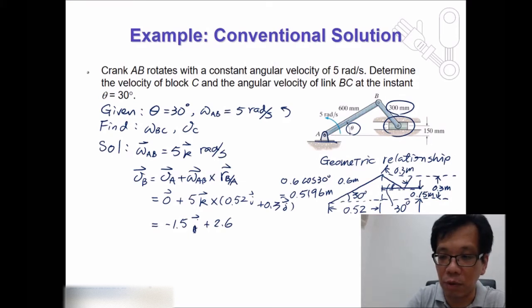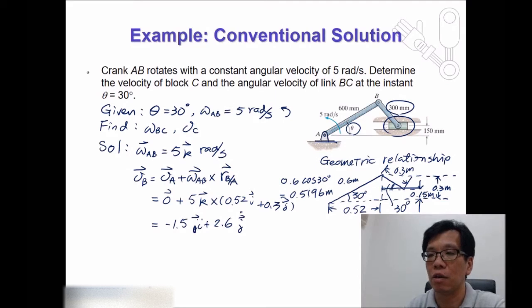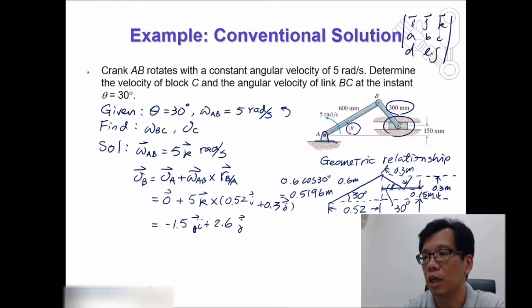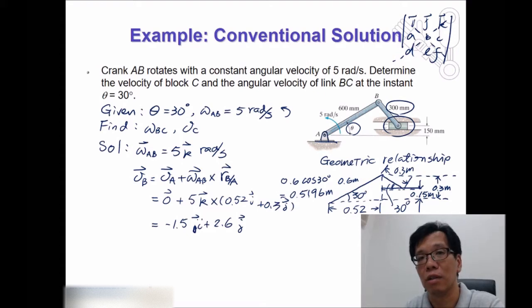Oh, I'm sorry, this one should be I. This one is J. Okay, so if you forget, you can use this method A, B, C, D, E, F. You go through this direction, then minus this direction. This should be in your calculus textbook or other basic math you learn in freshman or sophomore. This part is pretty straightforward.